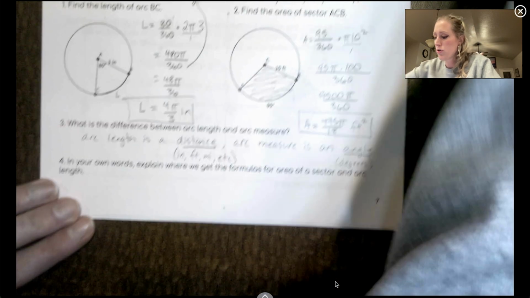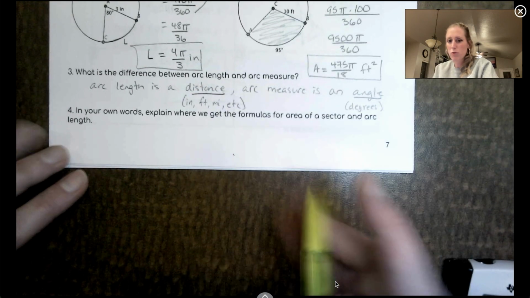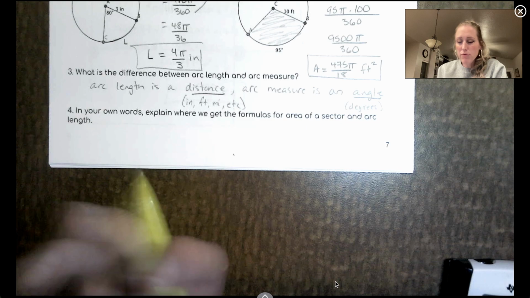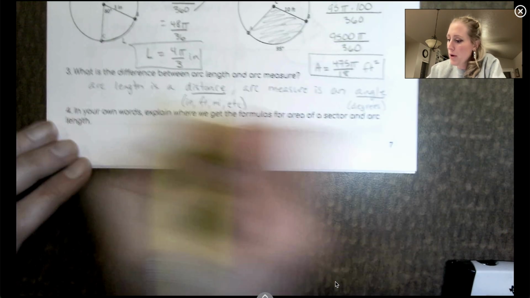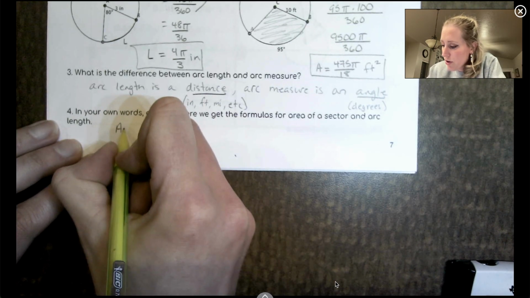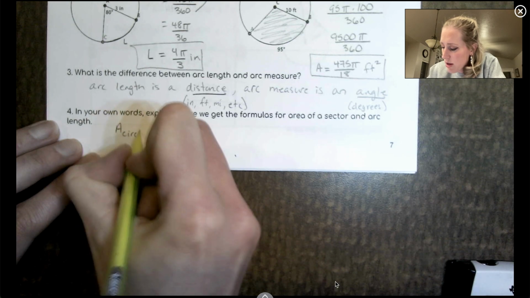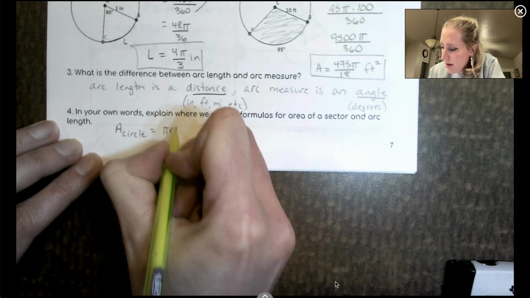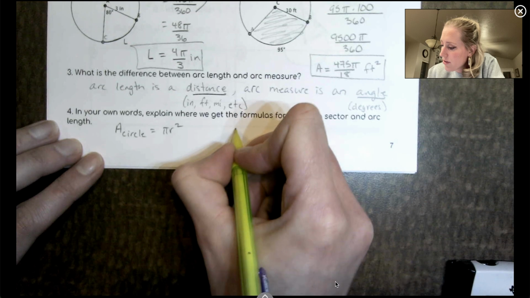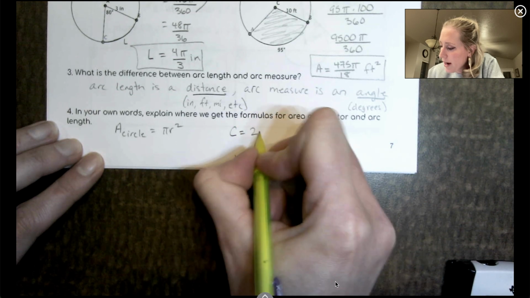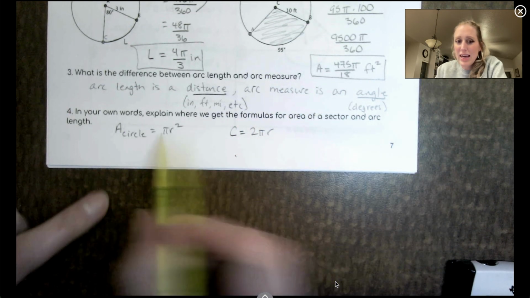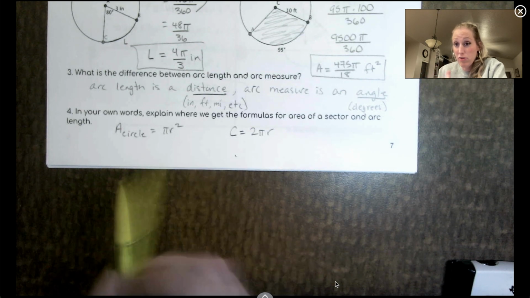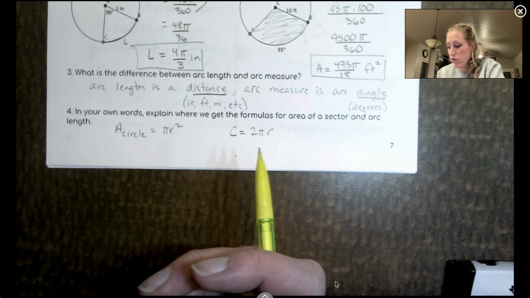Now it says in your own words, describe where we get the formulas from. They come from formulas we already know. Area of a circle equals pi r squared, and circumference is 2 pi r. So we get our formulas for sector area and arc length from these two that are already based on a circle.